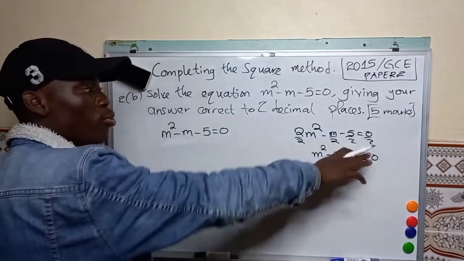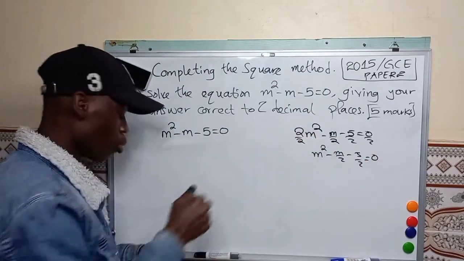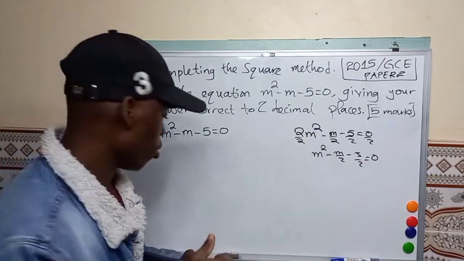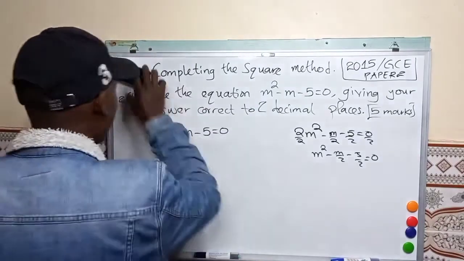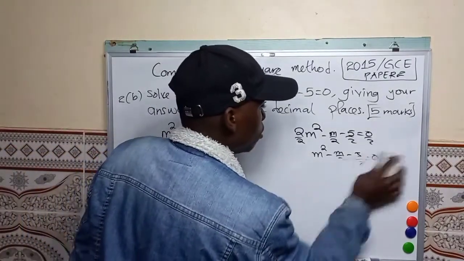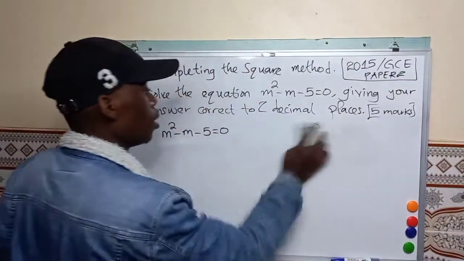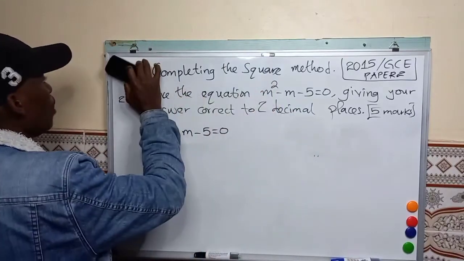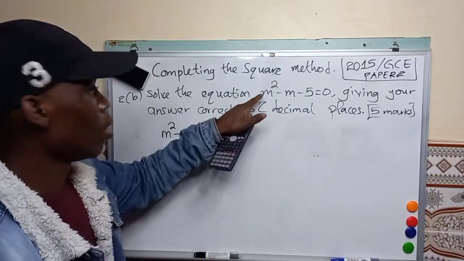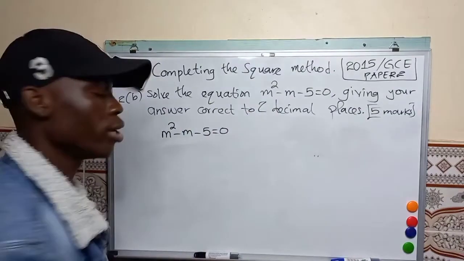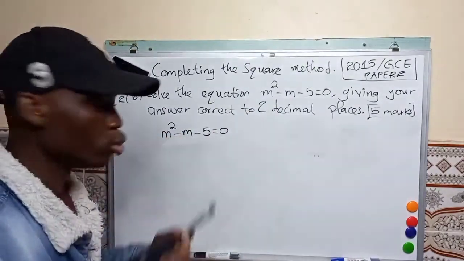So you divide through so that you can have your m squared with a coefficient of 1. In our case here, it's already 1. The coefficient of m squared is already 1, hence we are good to go.